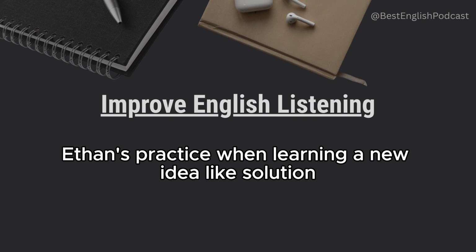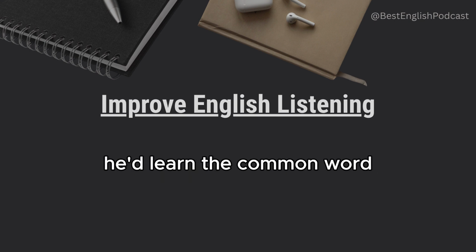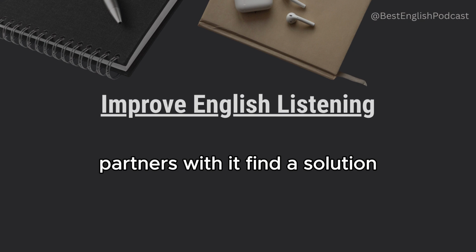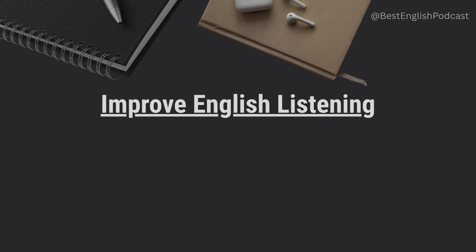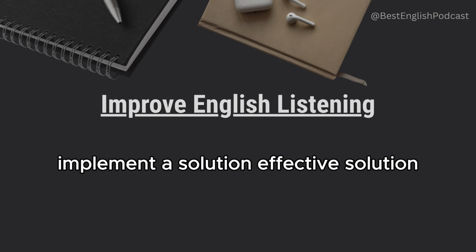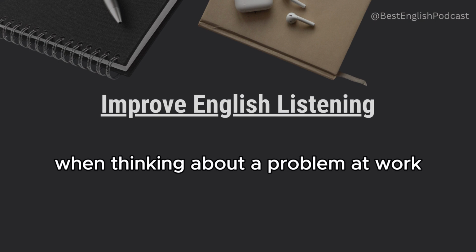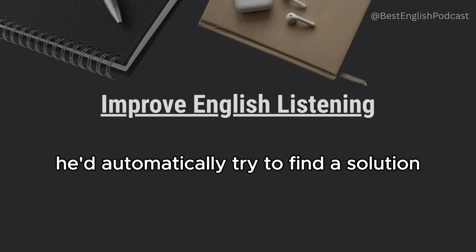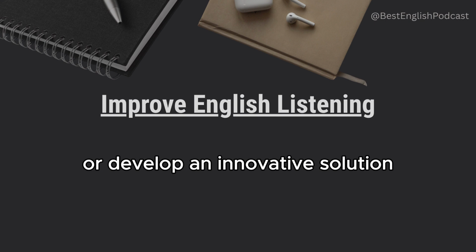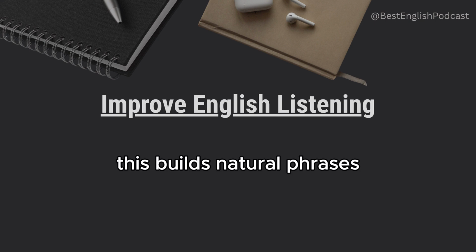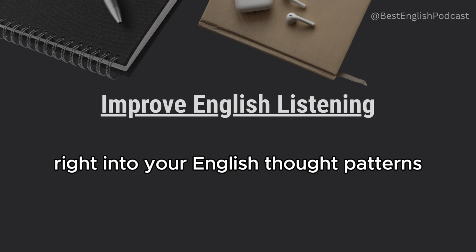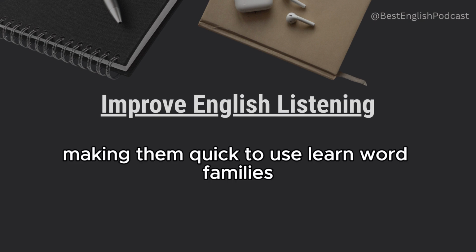When learning a new idea like solution, he'd learn the common word partners with it: find a solution, implement a solution, effective solution. When thinking about a problem at work, he'd automatically try to find a solution or develop an innovative solution. This builds natural phrases right into your English thought patterns, making them quick to use.